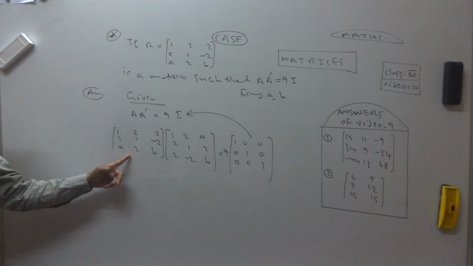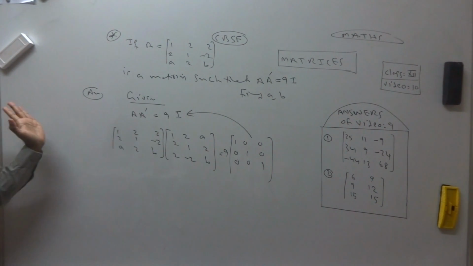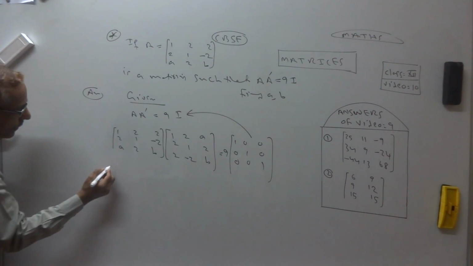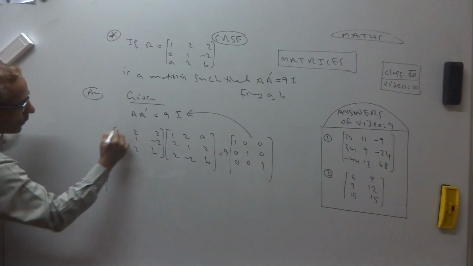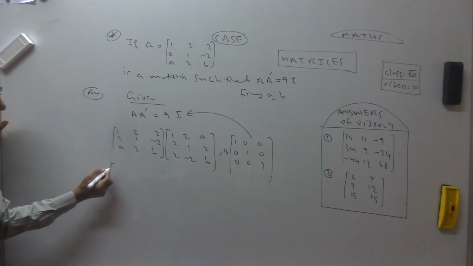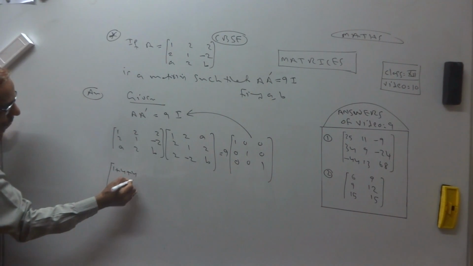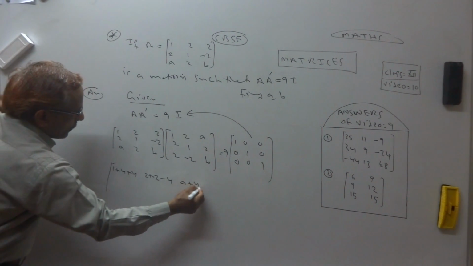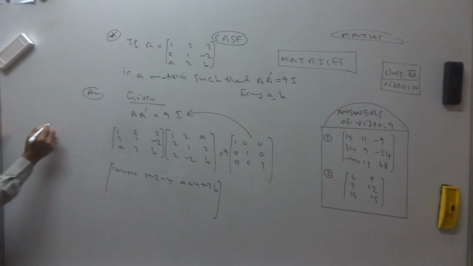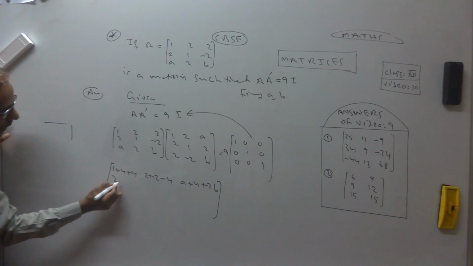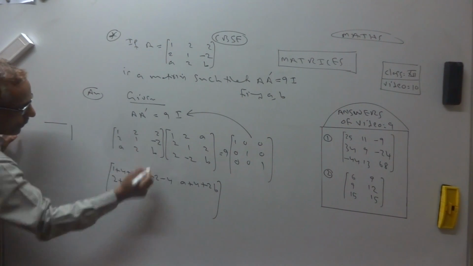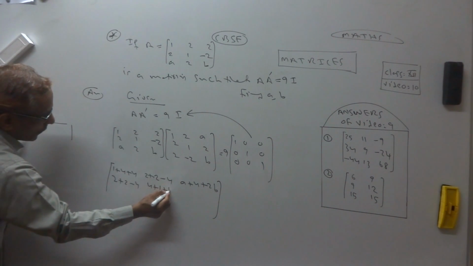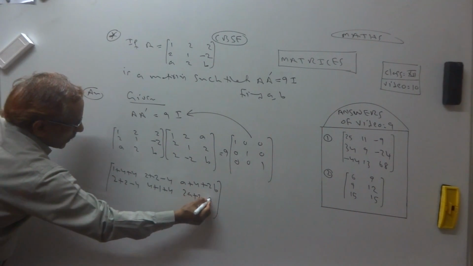See, A is this. I took the A transpose. Now I should multiply them. First row, first column, first row, second column, first row, third column. 1 1s are 2, 2 2s are 4. 1 2s are 2, 2 1s are 2, 2 2s are 4. A plus 4 plus 2B. You know this method already; we have discussed it in other videos. Now second row, first column: 2 plus 2 minus 4, 4 plus 1 plus 4, 2A plus 2 minus 2B.